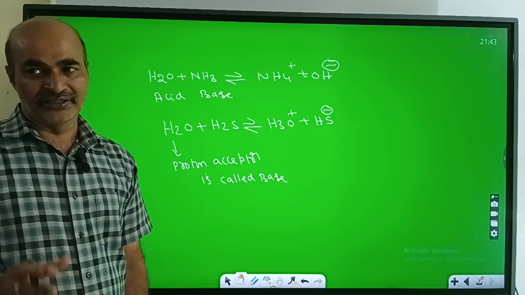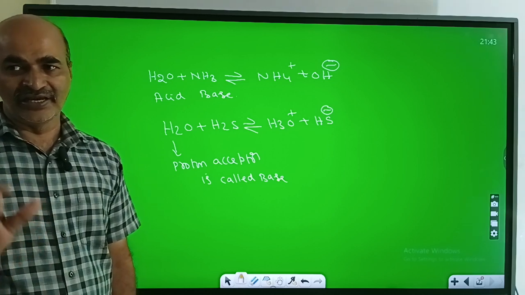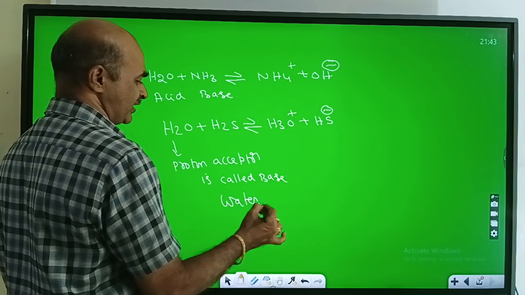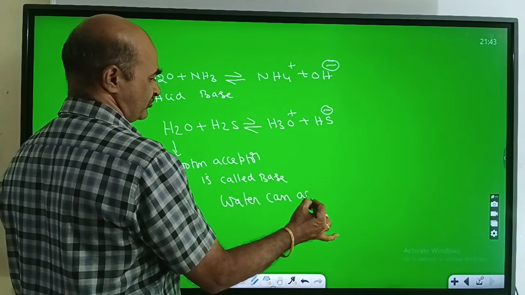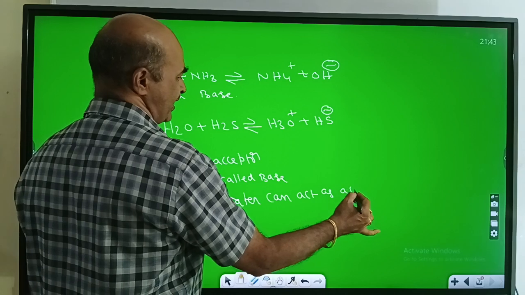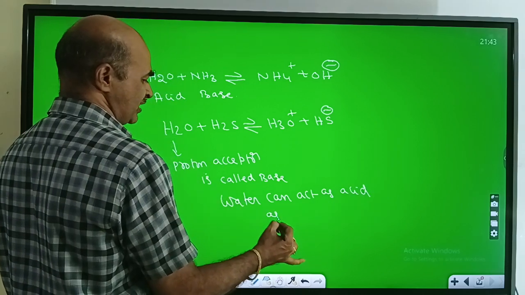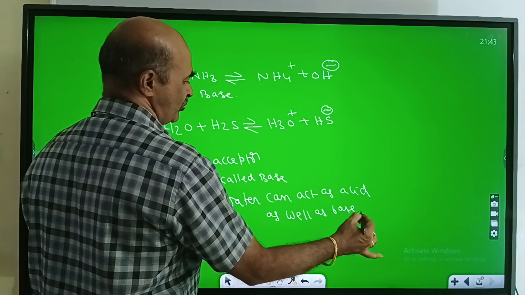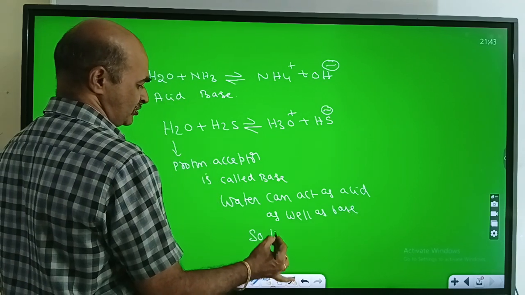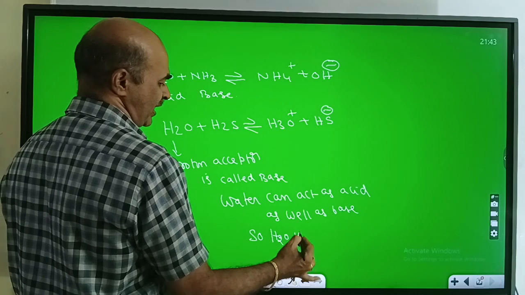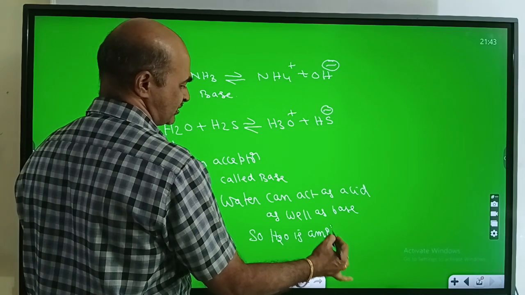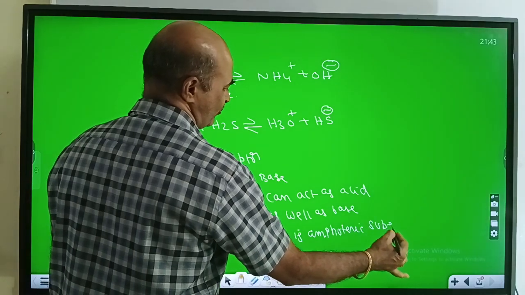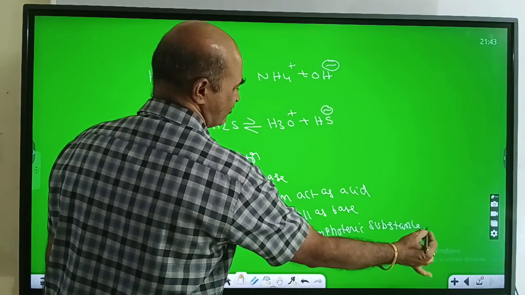So water can act as acid as well as base. So water is an amphoteric substance.